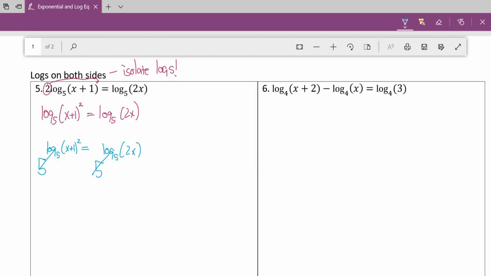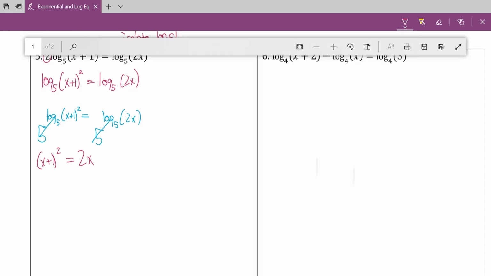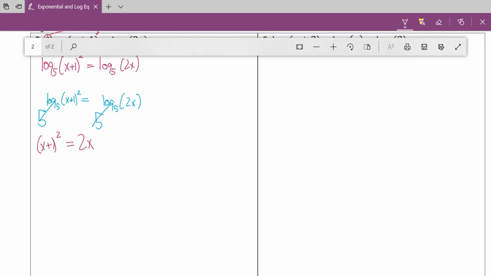Those are inverses, so they cancel each other out, and we just end up with x plus 1 squared equals 2x. And of course, x plus 1 squared means I have x squared plus 1.